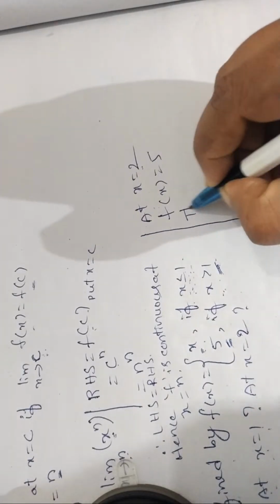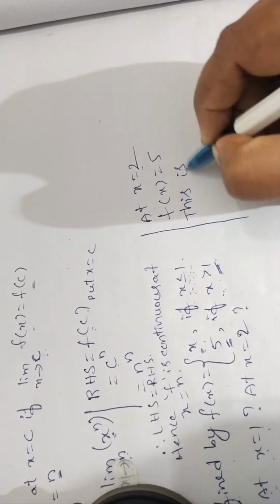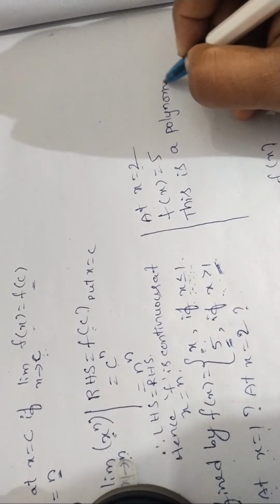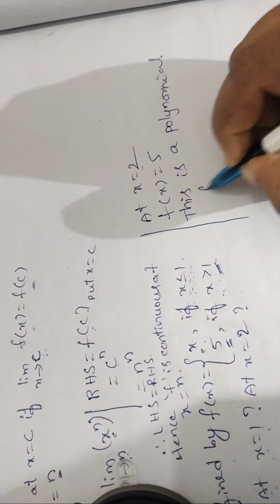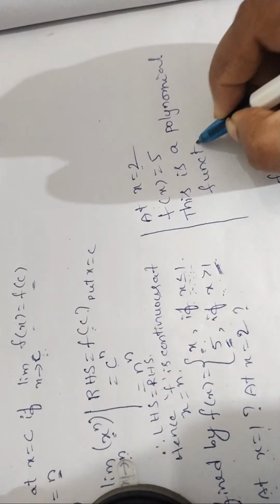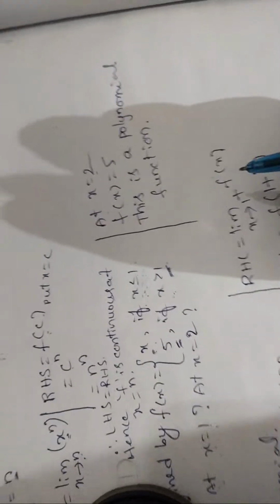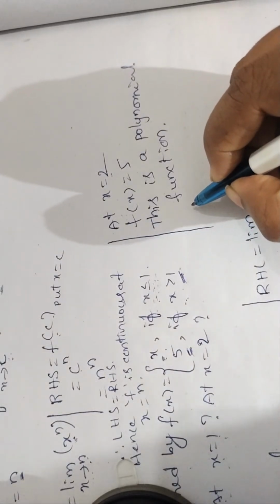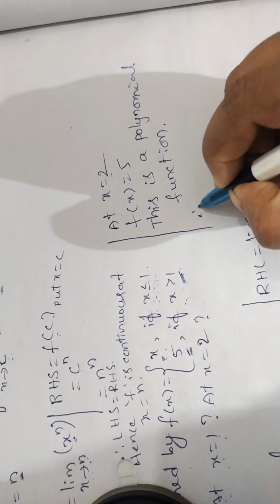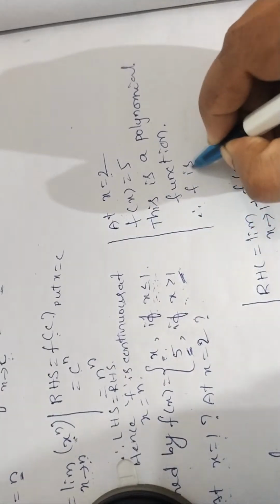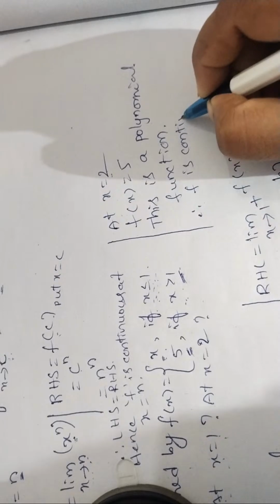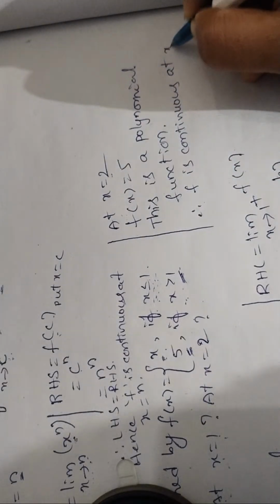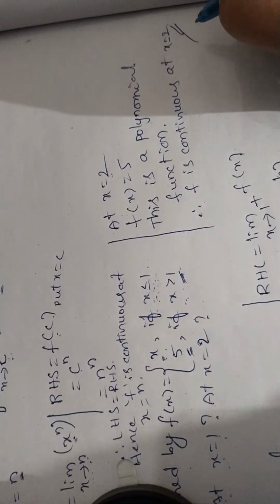So this is a polynomial function. When it is a polynomial, the given function is continuous at the particular point. Therefore, f is continuous at x equals to 2.